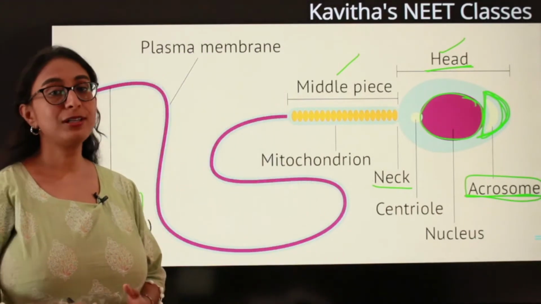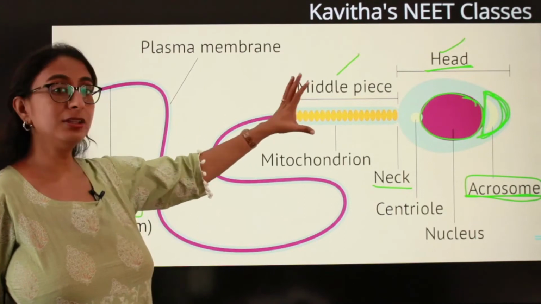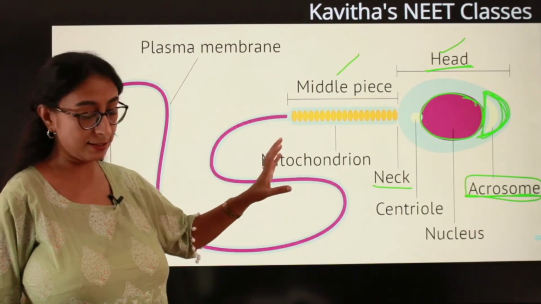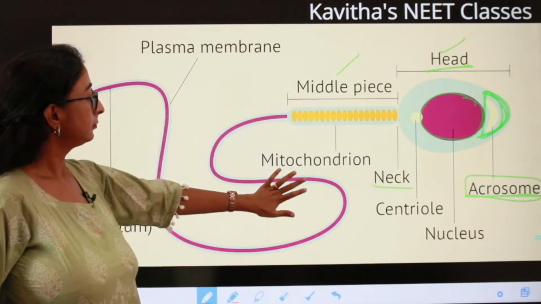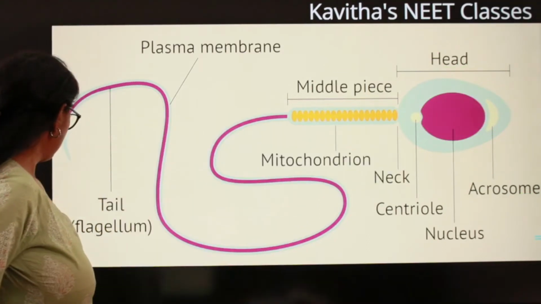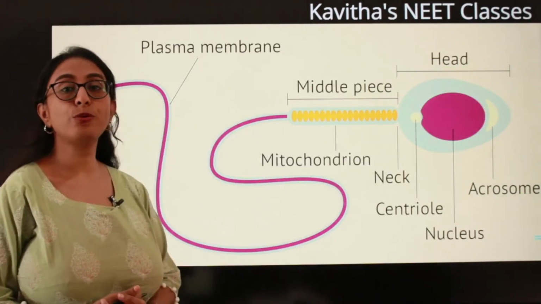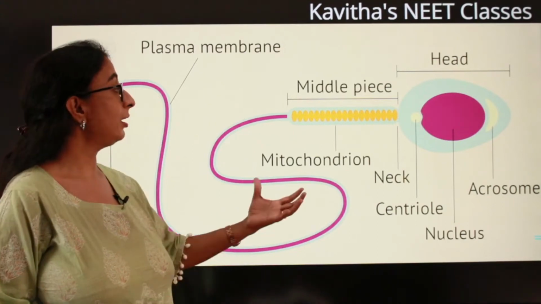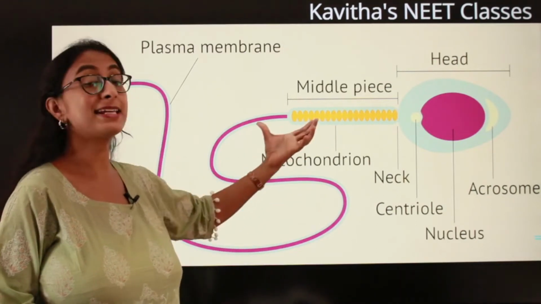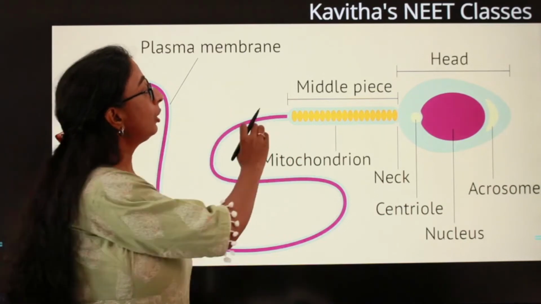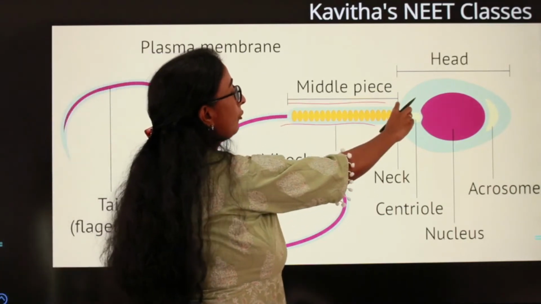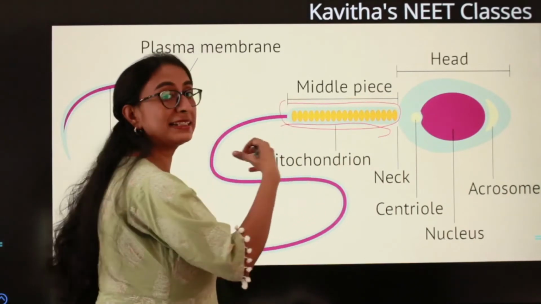So now you understand the different regions of the sperm and their uses. You can also get this as a question in your NEET examination, asking what exactly the function of each of these parts is. Say, for example, you might get a question like, what is the middle piece composed of and what is its function in the sperm?